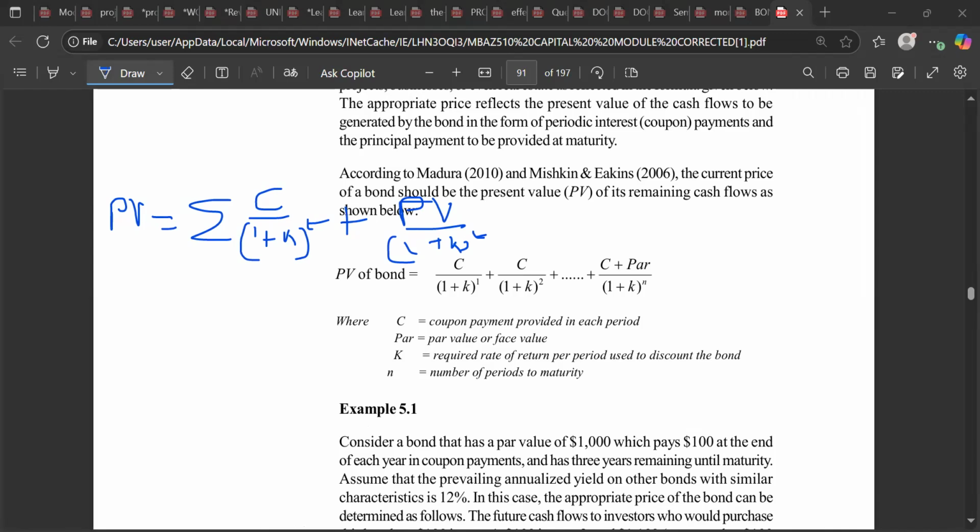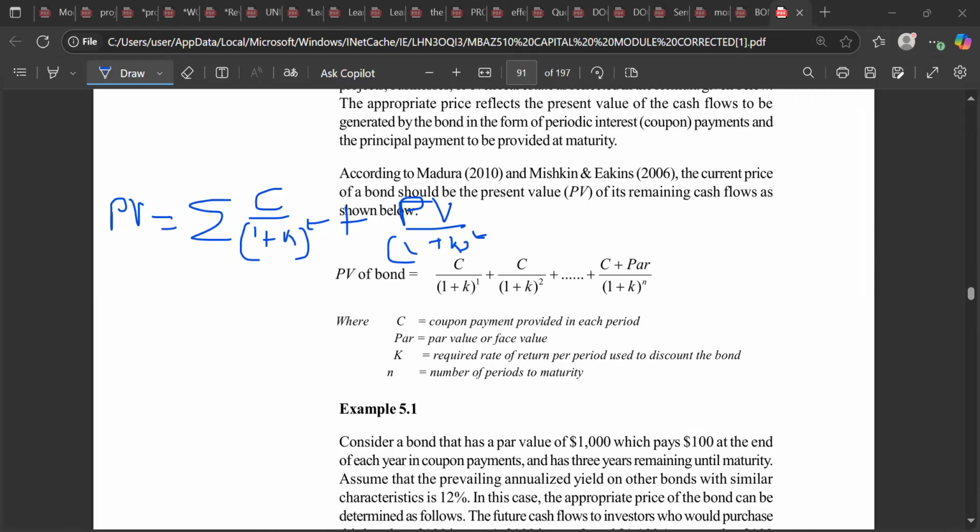Because we learned the principle that the value of an asset lies in the present value of its future cash flows. So in bond valuation, our basis is time value of money principles, because the value of the bond is the present value of the future cash flows that the investor is expected to receive.